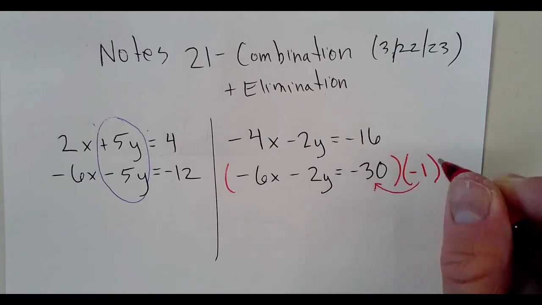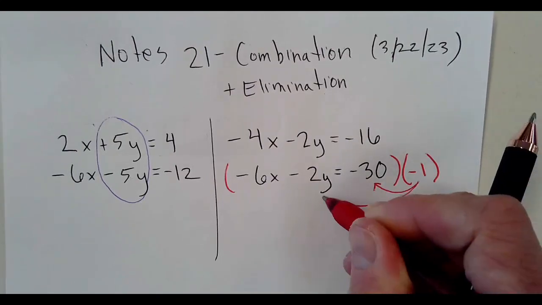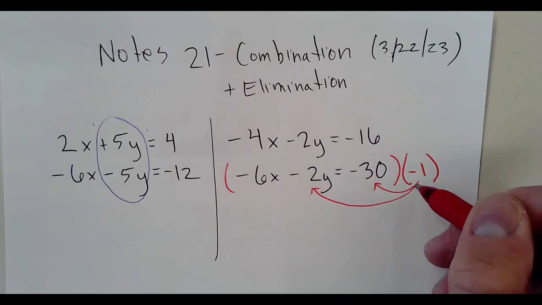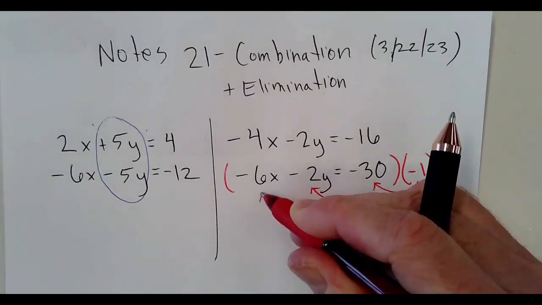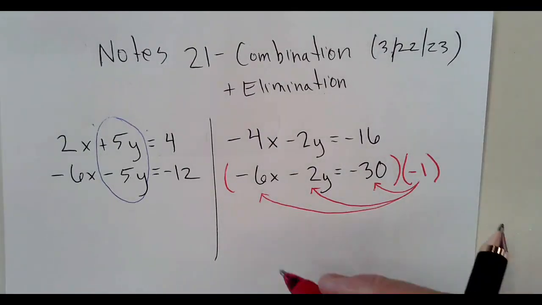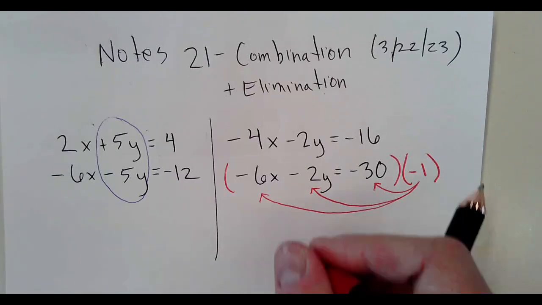-1 times -30 is what? Yeah, positive 30. This will become positive 2y. This will become positive 6x. So I'm going to write that down below.